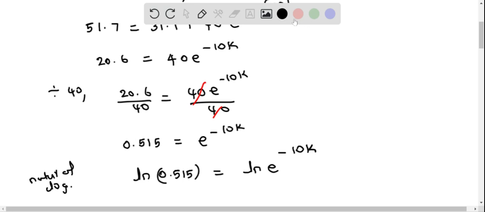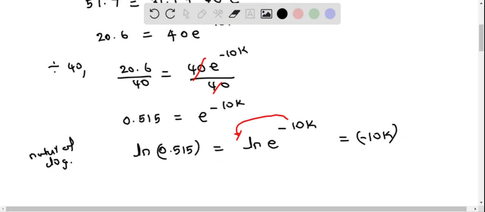Now I can use the property of logarithm such that the power comes in front, and this becomes minus 10k multiplied with the natural logarithm of e. The value of the natural logarithm of e is equal to 1, so we can simply remove it, leaving minus 10k.